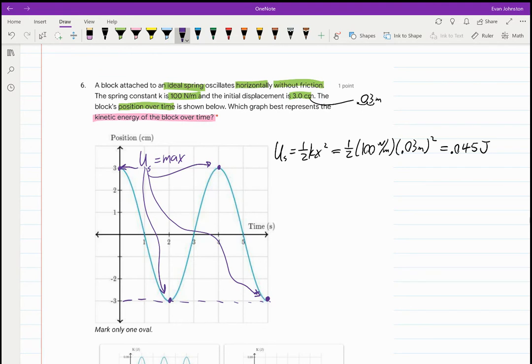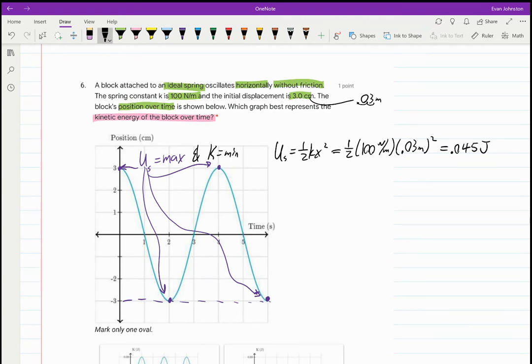That means that at these points, the kinetic energy is a minimum, right? Because if the energy is conserved and it's all potential, that means none of it's kinetic. So we're looking at this through the potential energy side, but you could think about it and go, well, if the potential is a max, that means the kinetic must be a minimum, which is kind of bizarre to think about. So maybe we just add that, and K is a minimum.